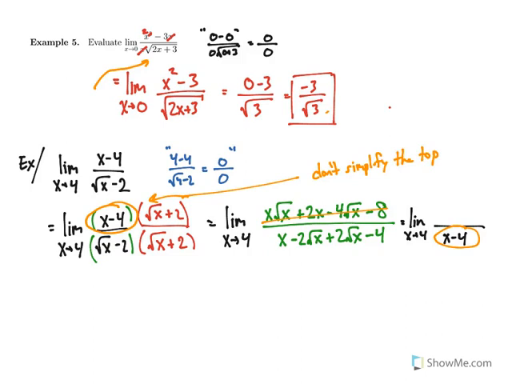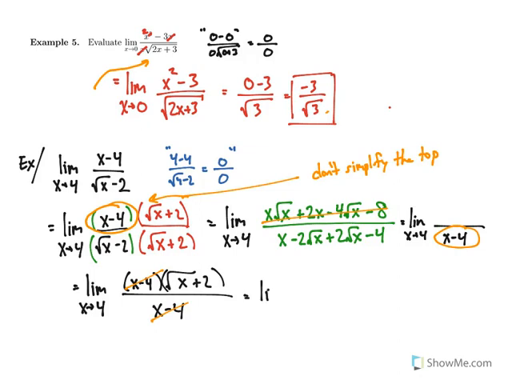If we did this, we would get x minus 4 times square root of x plus 2 over x minus 4. And now we can cancel out the top and the bottom, and we're left with the limit as x approaches 4 of square root of x plus 2, which is square root of 4 plus 2, or 4. And there is our answer.